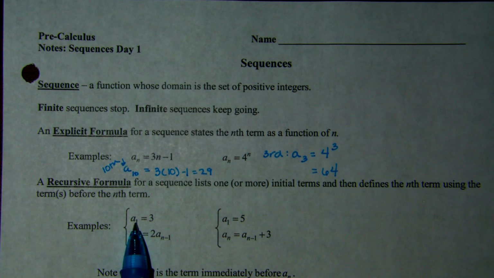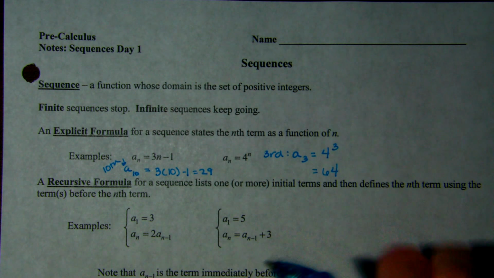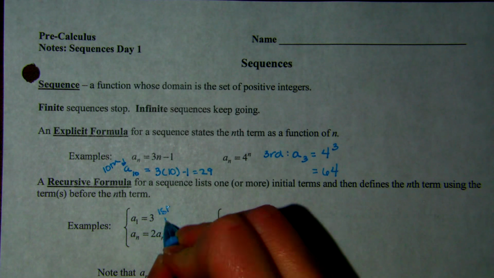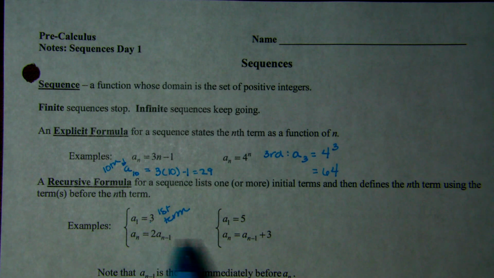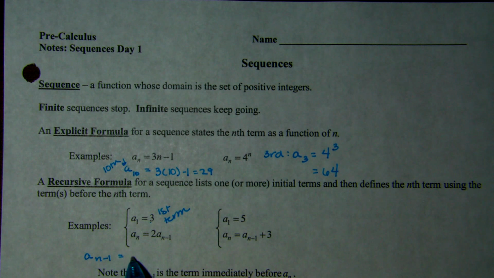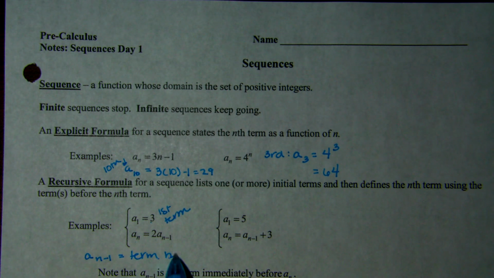They give us a sub 1, which is our first term. And that's 3. And then they give us the formula a sub n, so that whatever term we're looking for is equal to 2 times a sub n minus 1. And so that says that a sub n minus 1 is the term before.